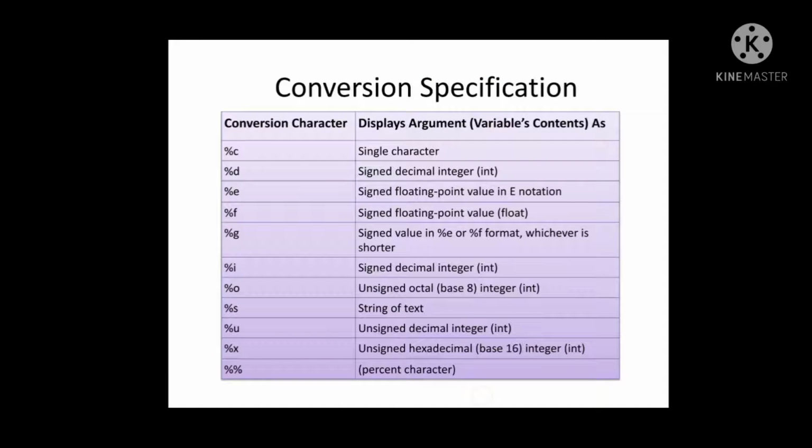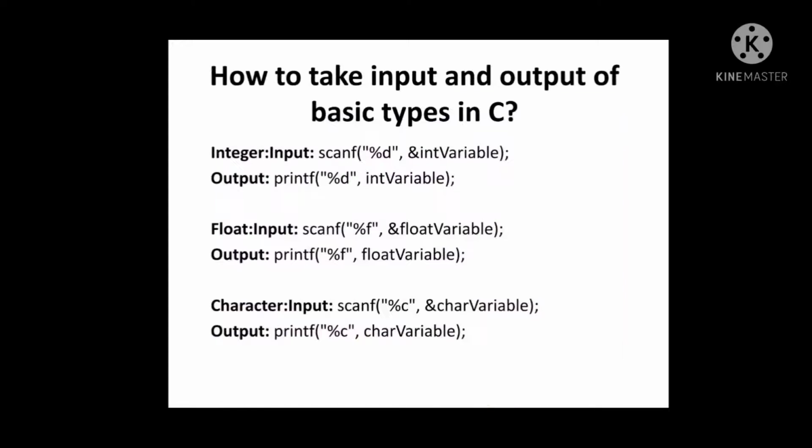The functions scanf and printf make use of conversion specifications to specify the type and size of the data. Each conversion specification must begin with a % sign. Some of them as you can see on your screen. Let's take an example. The basic data types in C are int, float, char, etc. In order to input or output the specific type, the syntax is changed with a specific format specifier of that type.